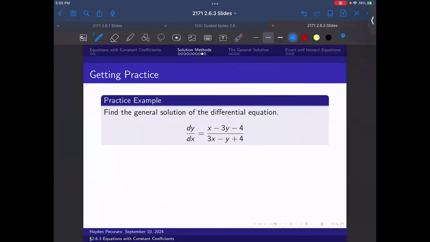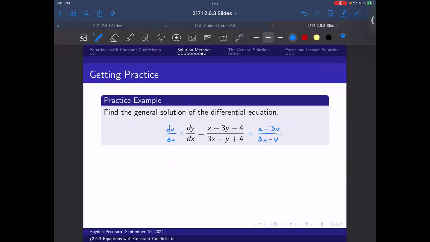So what we can do to make our lives a whole lot simpler is just rewrite things immediately. dv/du is the same as (u minus 3v) over (3u minus v).